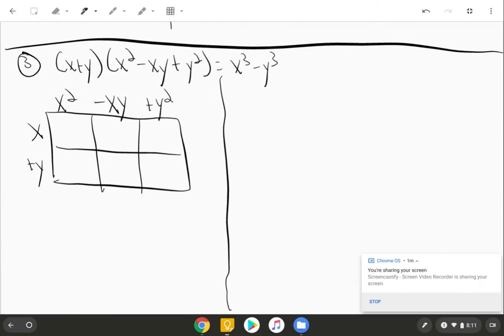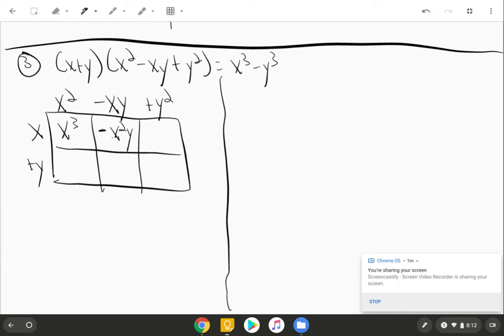So x times x squared is going to be x cubed. The second one here is going to be x times negative xy. So this is a positive times a negative, so I know the answer is going to be negative. And then x times xy is going to be x squared y. So the final answer for that section is negative x squared y.